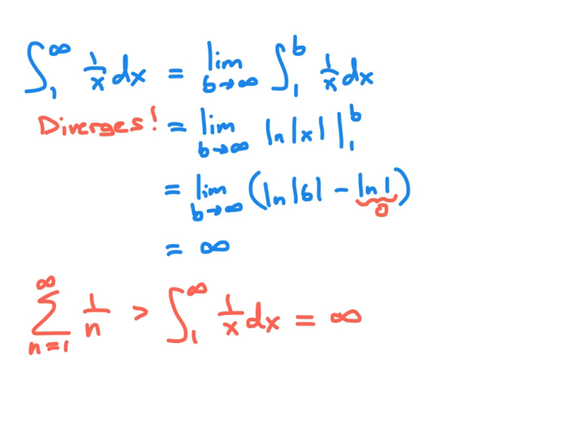And in this case, the value of our series must be greater than an infinite value, and therefore we can conclude that our particular series that we started with, the series 1 over n, must diverge. There's no way for this series to equal a finite number, since it needs to be bigger than some quantity, namely this improper integral, which has an infinite value, and therefore our series must diverge.